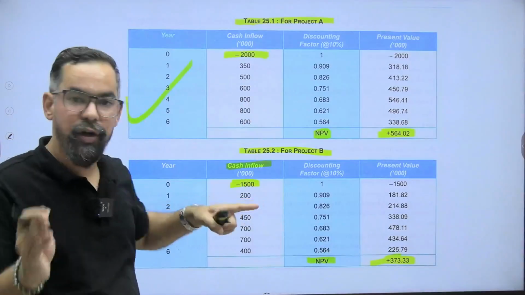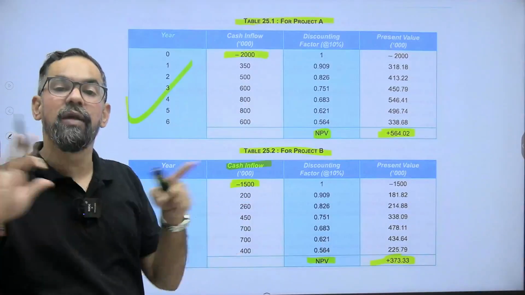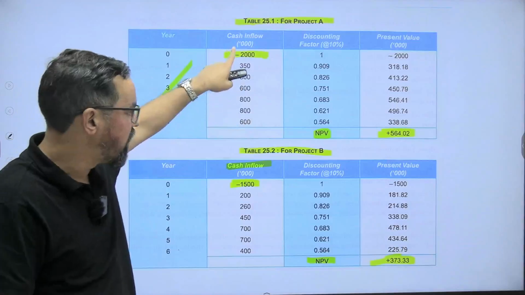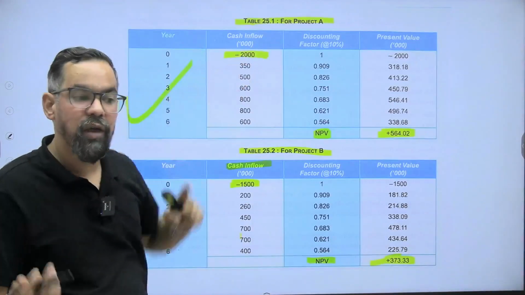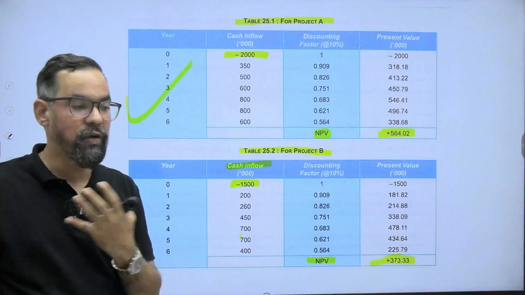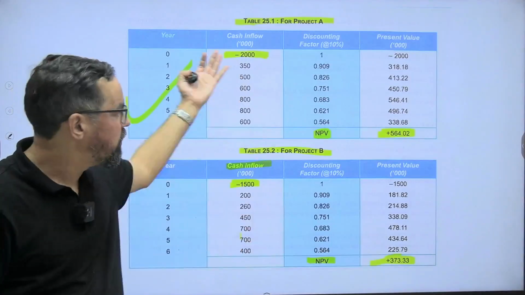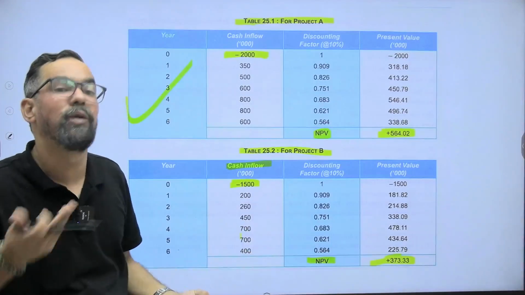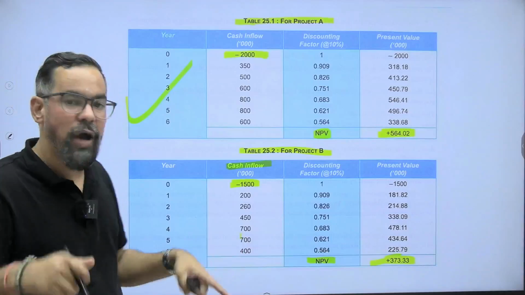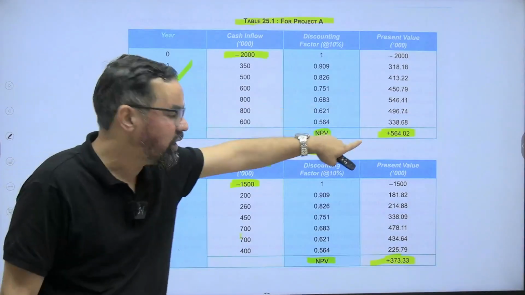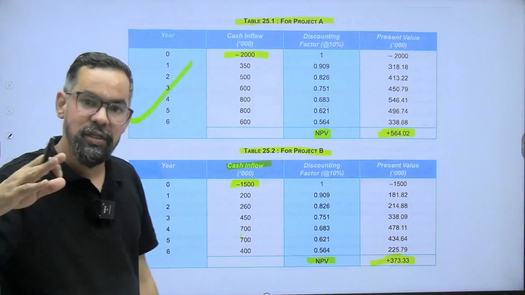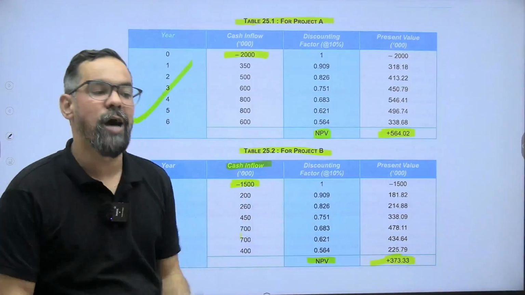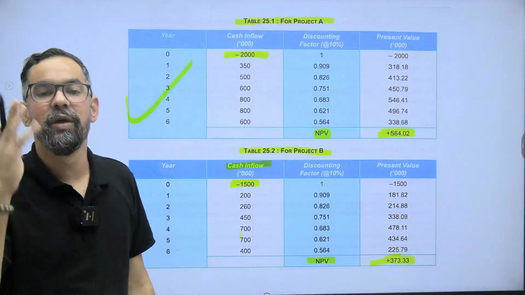If it would be individual projects, this is for the marker and this is for the remote. So if your investment is allowed, or if your capital budget allows, you can go with both projects because in both cases you will be having profit. And if you have to make a choice, obviously then again you will go with the higher NPV, right? So it should be positive, and if you have multiple positive, you will go with the higher NPV.